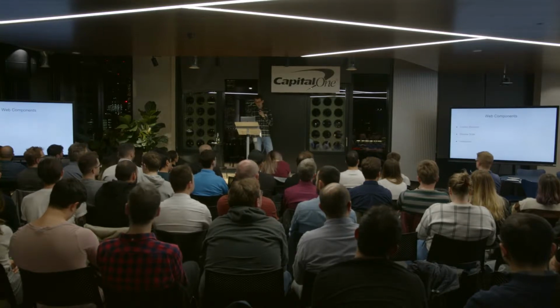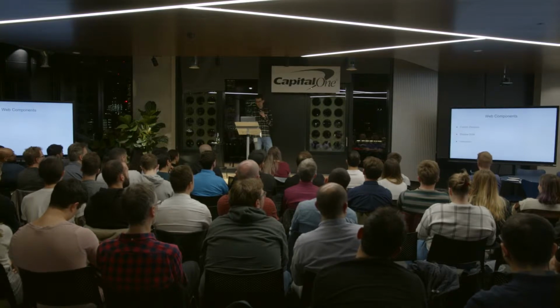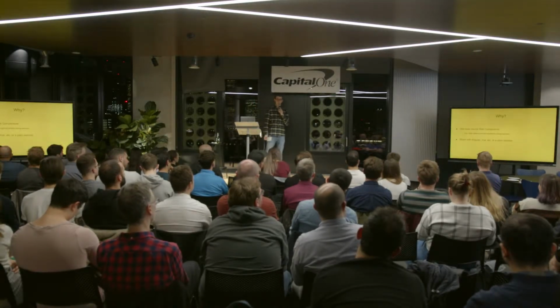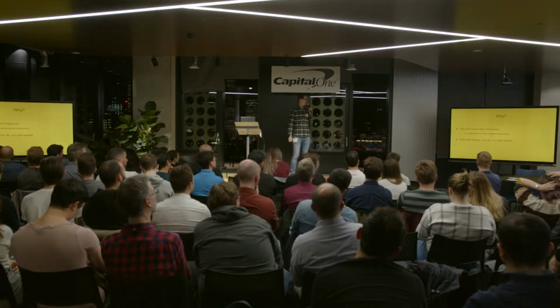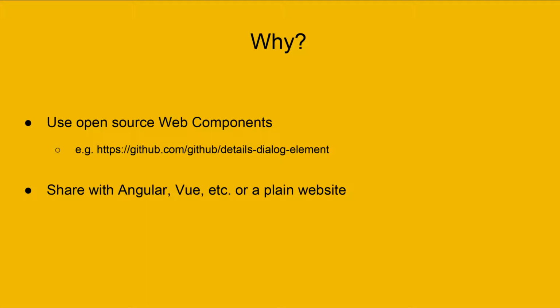Before we start, React has its own component model, so why would we use custom elements and web components? I think the most important thing is probably we just find a component out there and want to use it. That doesn't really exist a lot now. There are a couple of things, like GitHub uses some custom elements and publishes them.